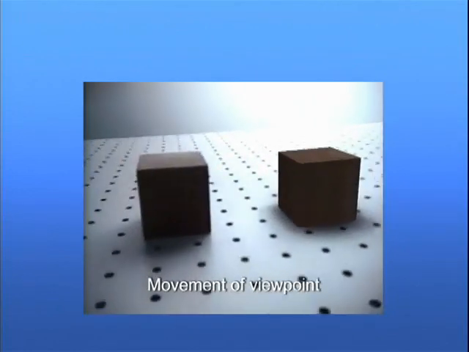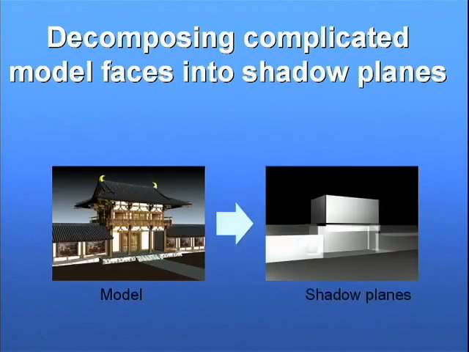And also, we developed a method to decompose a complicated object into simpler shadow planes. For these simpler shadow planes, we calculate component shadow images, and the current illumination condition is multiplied to generate the shadows.